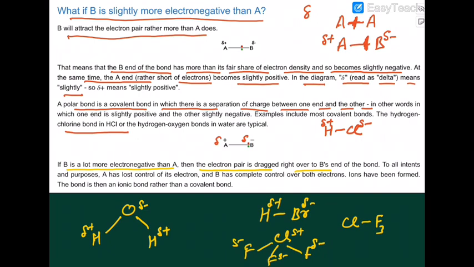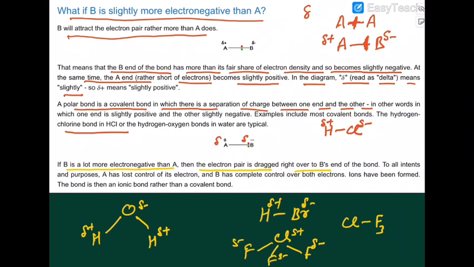In case of HCl, the electron pair is slightly displaced towards chlorine. But in case of NaCl, what would happen? One of the electrons in Na will go to the orbitals of Cl. So it does not become slightly positive or slightly negative. It becomes completely negative and completely positive.